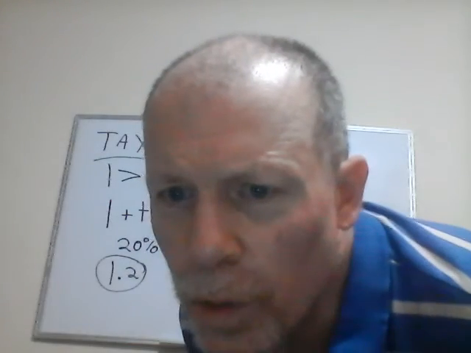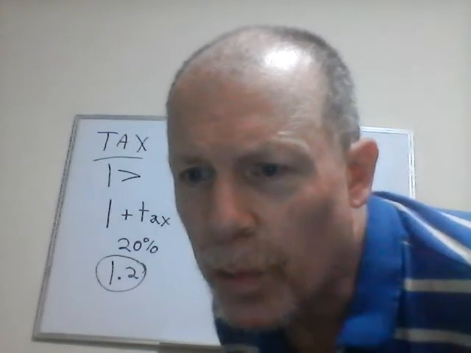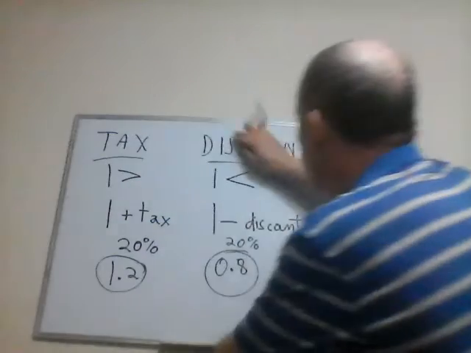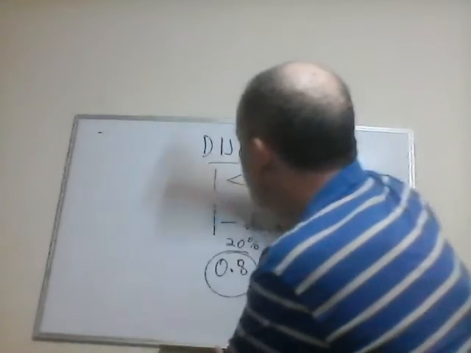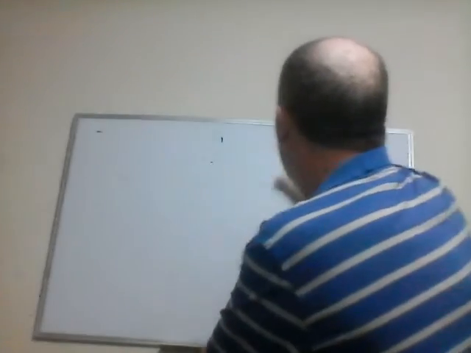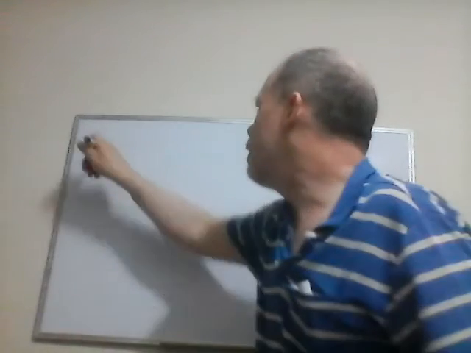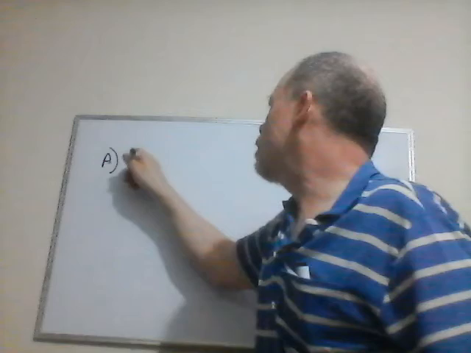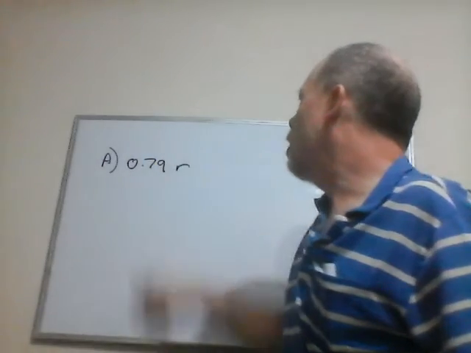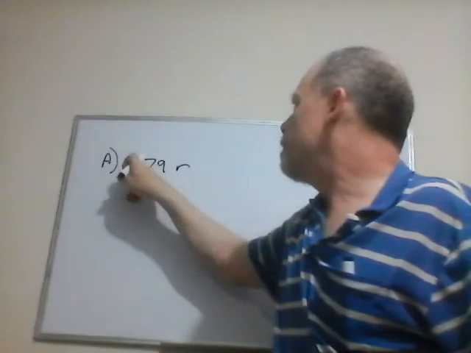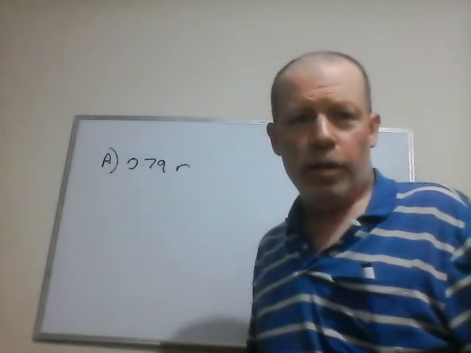The question was, which of the following represents the original price of the racket in terms of R? I'm going to get those on the screen. Answer A, 0.79 R. Okay? Can you see what's wrong with that already?